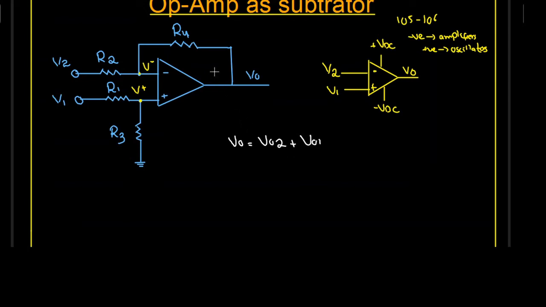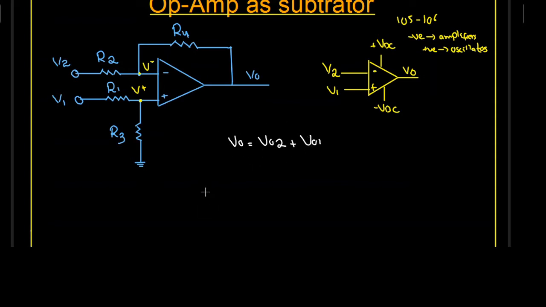Now by applying the superposition theorem, I am going to take one source at a time and the other source will be assumed as 0. So I am going to take this source and assume the other source as 0. Then in the next step I am going to take the other source and assume that this voltage source is 0, and then at the output we are going to have the sum of the two inputs.